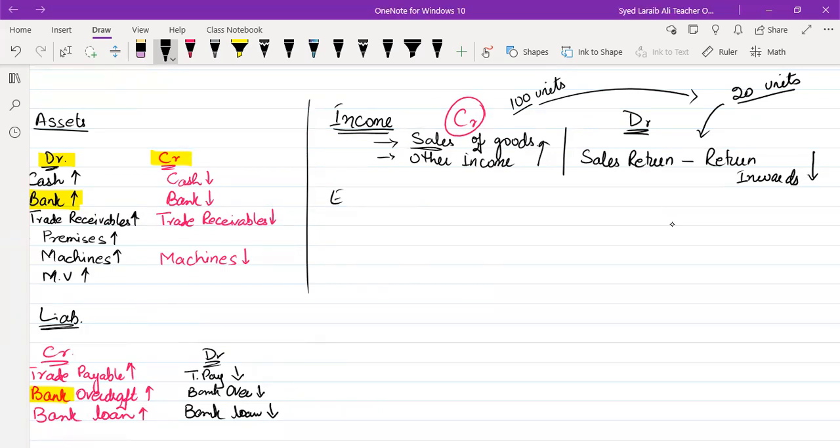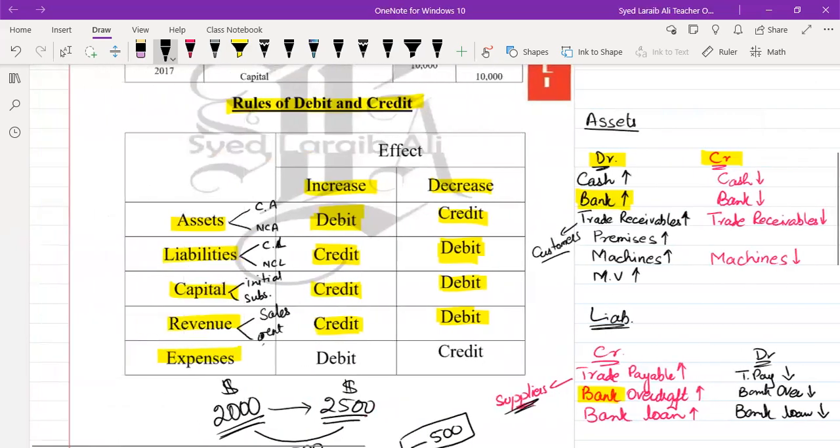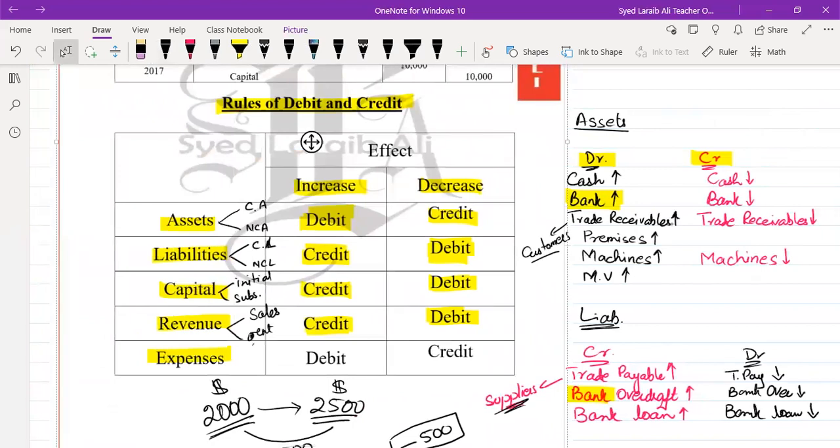The last but not least are expenses. Expenses are basically the facilities which have been incurred by the business. Remember, when the business spent the amount against the facilities it has taken in order to generate its income, all those facilities and all those amounts spent are called expenses.